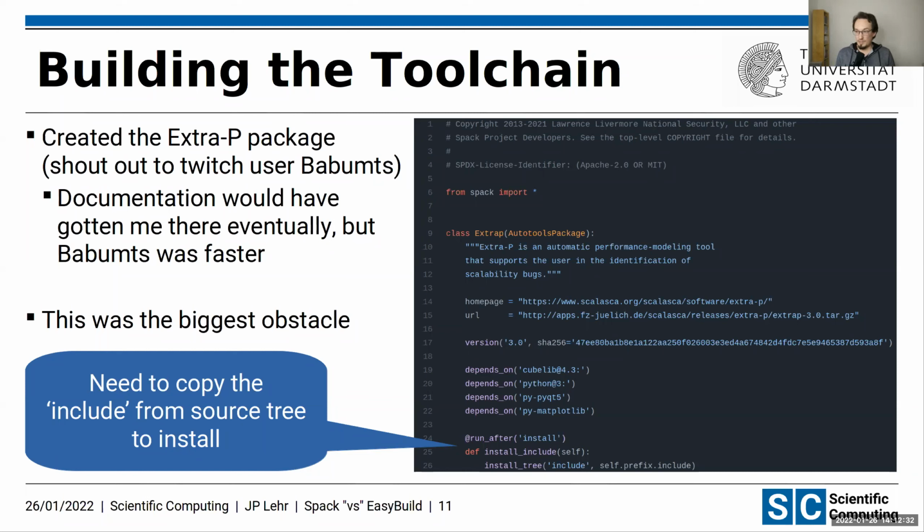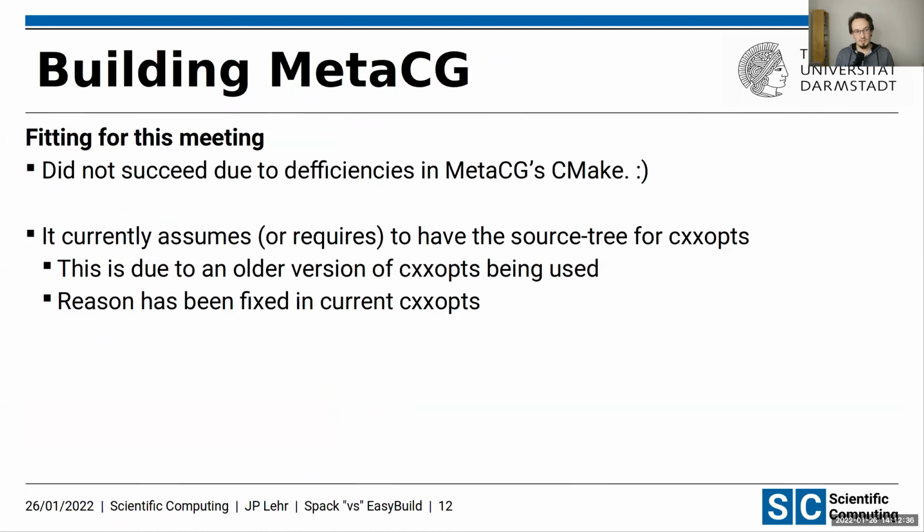So now we have all the dependencies, and now we can simply compile MetaCG, right? Well, how fitting for this meeting. MetaCG is actually deficient in its CMake configuration, so it's our fault. We assume certain things that aren't there. Specifically, we assume something of the cxxopts package that's from an older version.